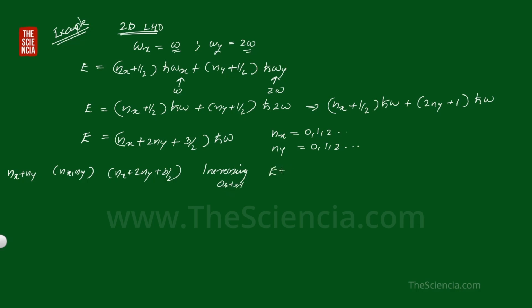Then energy is equal to, we know, nx plus 2 ny plus 3 by 2 h cross omega. Then the wave functions, then degeneracy.